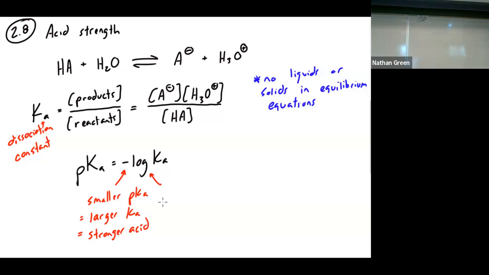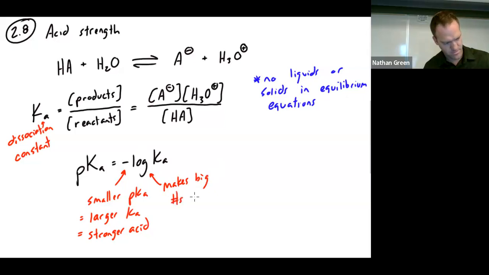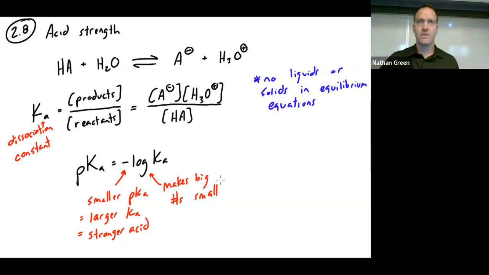So log is a way we can take these huge numbers of the Ka, which are unwieldy, too big, and make them small with the log here. That makes sense? As the pKa goes down, the acid strength is going to go up.